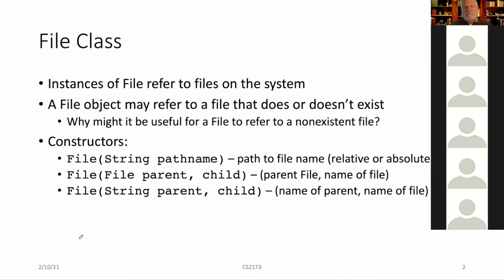However, in Europe, they're flipped. In Europe, there would be a period every 3 digits to the left of the decimal place, and the decimal place would be represented by a comma. We won't go into that, and since we're all here from this country, you're not really responsible for that per se, but just be aware that there is the possibility of specifying a locale, and some of the other file constructors have ways of specifying that, and that was just a little bit more than I wanted to get into.